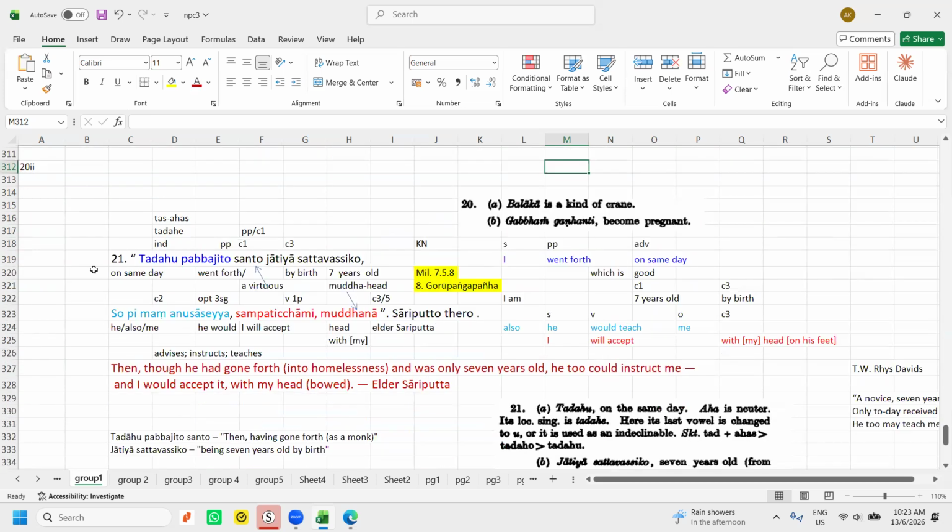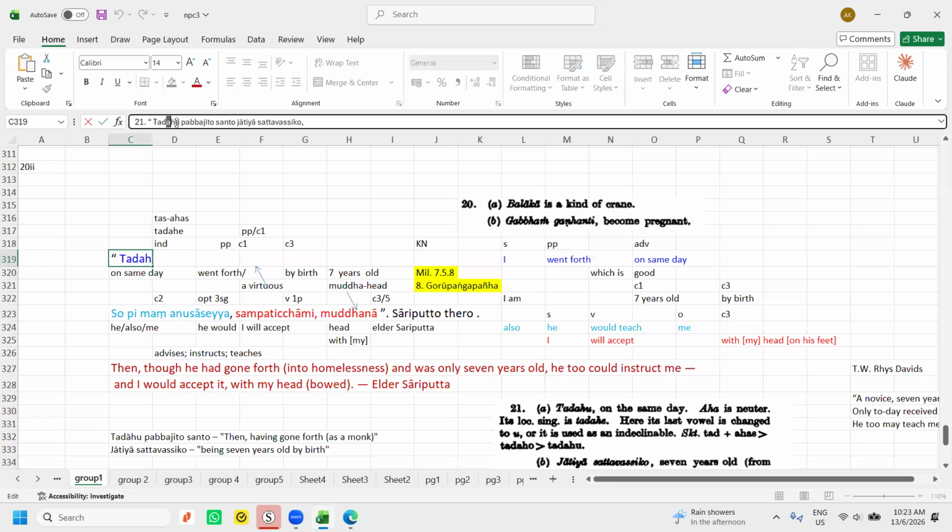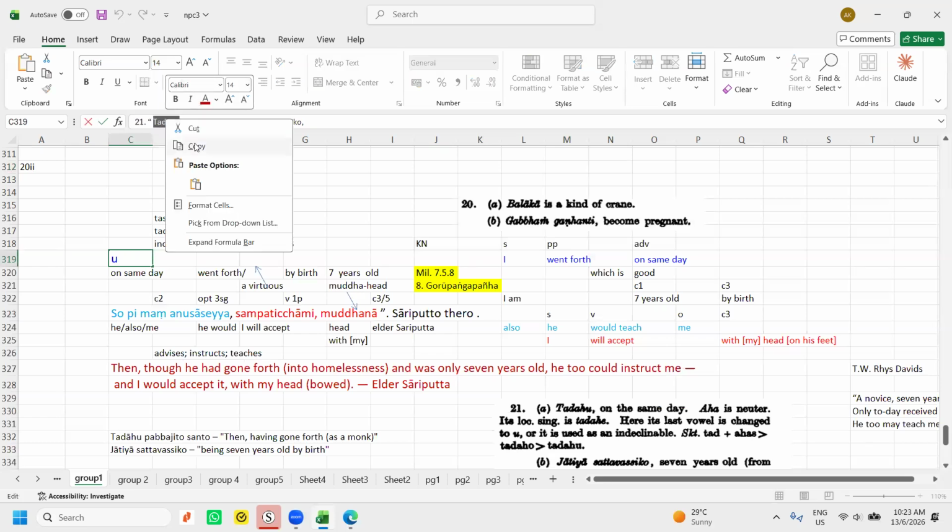Now, this is number 21. Tadahu. This is going to be difficult. If you take tadahu, if your dictionary breaks it down for you, then you have no problem.